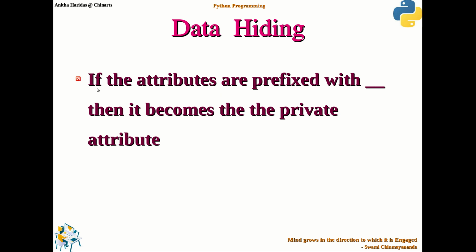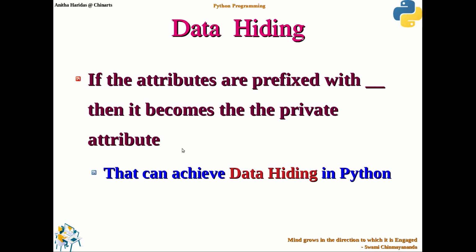If the attributes are prefixed with a double underscore, then it becomes a private attribute. This is the point to be noted. So, this is how we achieve data hiding in Python. And I hope you know what a private member is and what a public member is. If you have any private member defined in a class, there we can achieve data hiding.